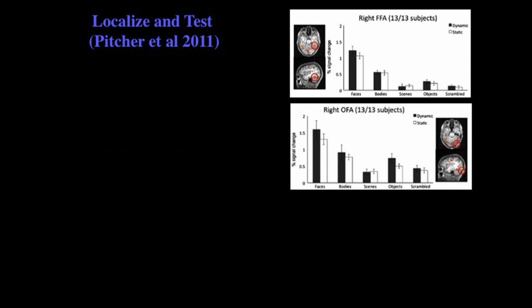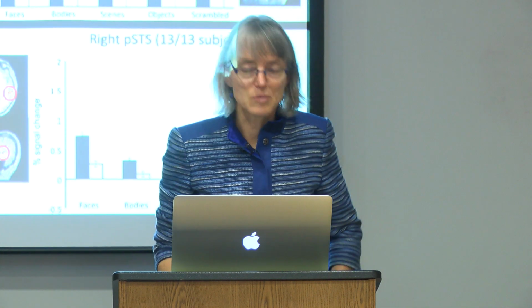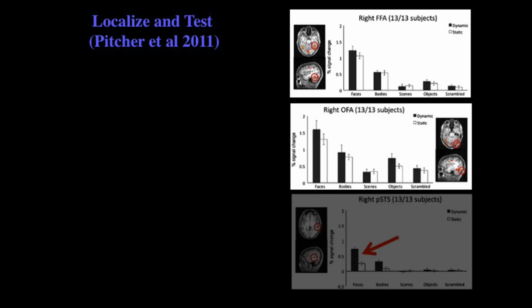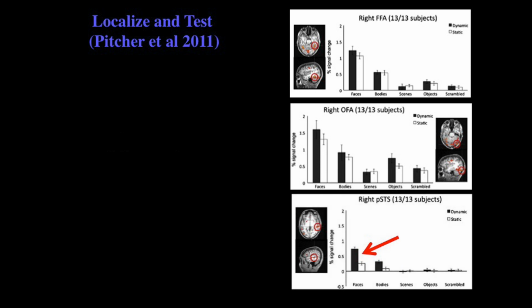Similarly, the occipital face area, that little thing out on the lateral surface toward the back of the head that you can zap with TMS right out here, is pretty similar to the fusiform face area. It's a little less selective than the FFA, but it also does not care about whether it's looking at movies or stills. But the superior temporal sulcus region is also selective, but cares deeply whether it's looking at movies or stills, right there.